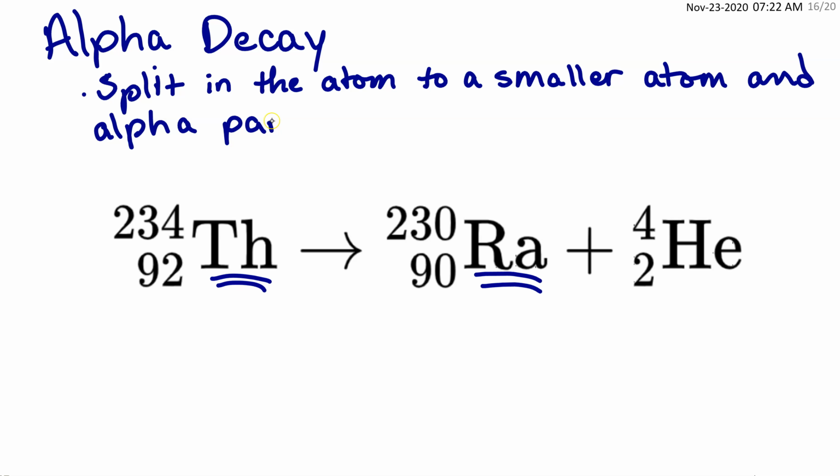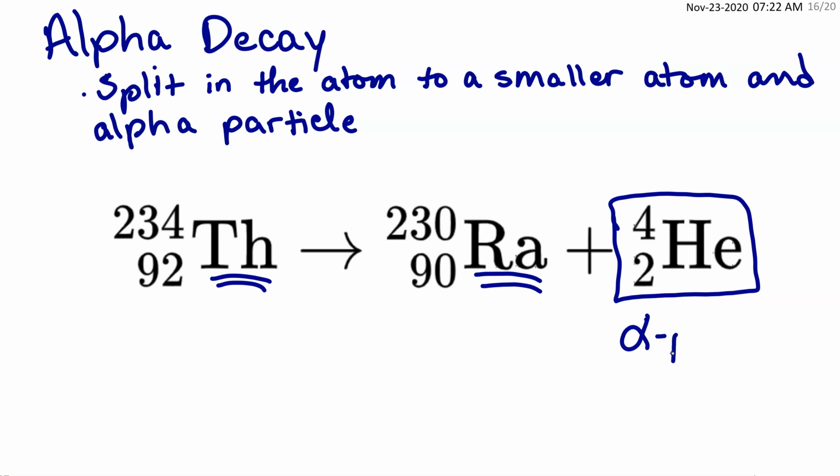So in this case, I have thorium, which turns into radium-230 and produces an alpha particle.